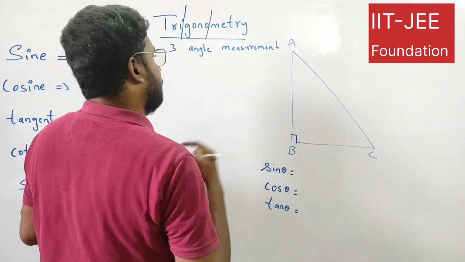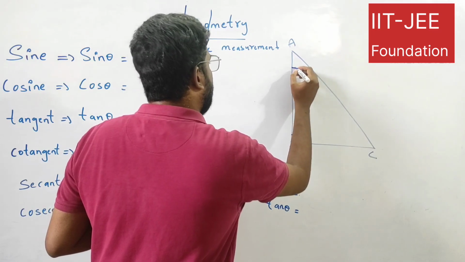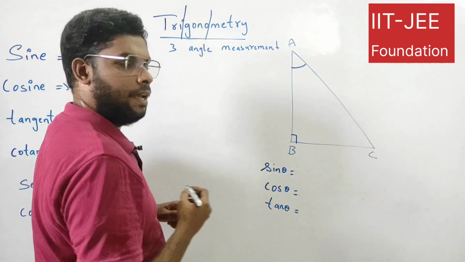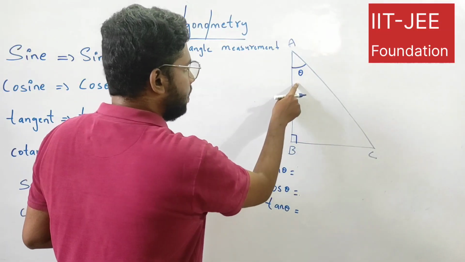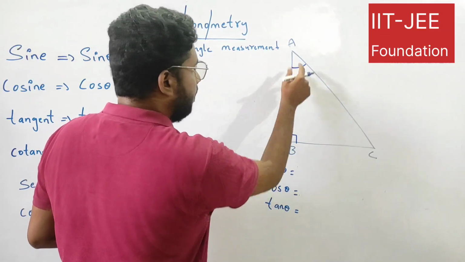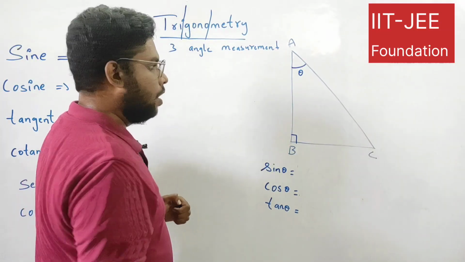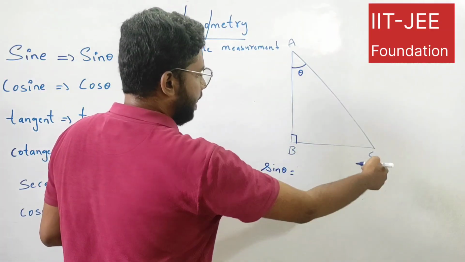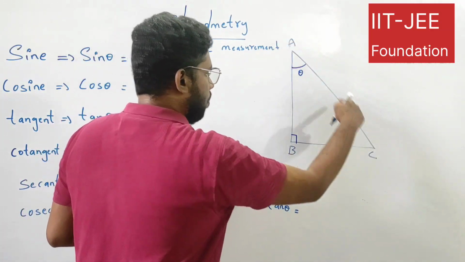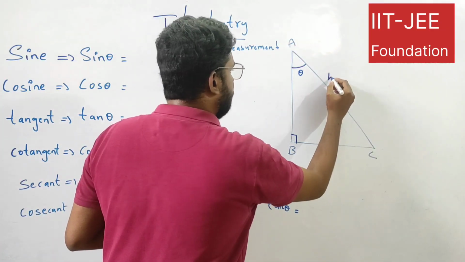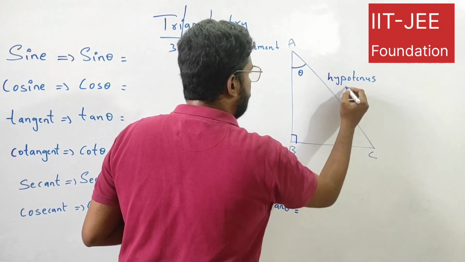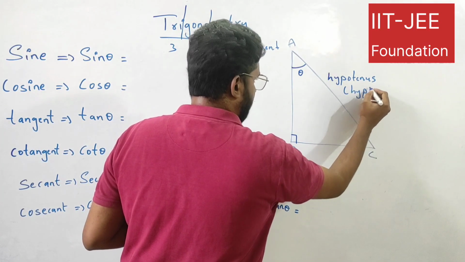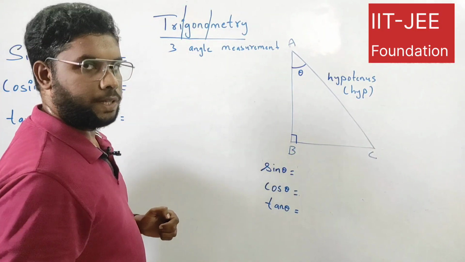Now if I consider for example this angle here, this is the angle we consider to be theta, the angle made at A. Now first we will name the sides of the triangle. So this is always considered to be the hypotenuse, in short form we will write HYP. Okay, this is the hypotenuse.